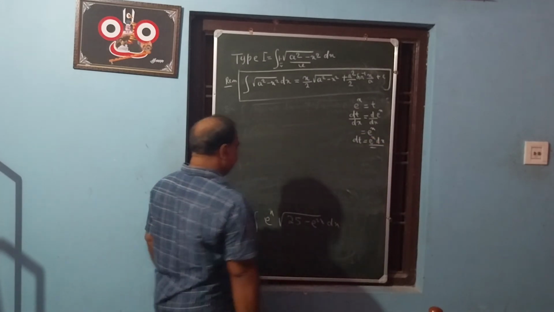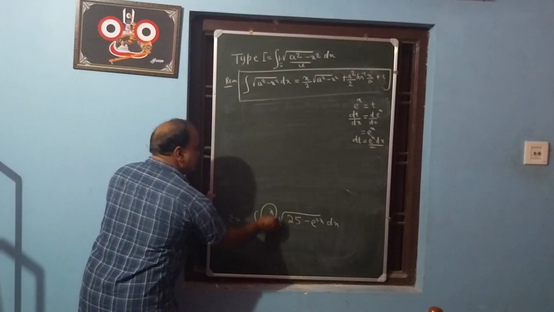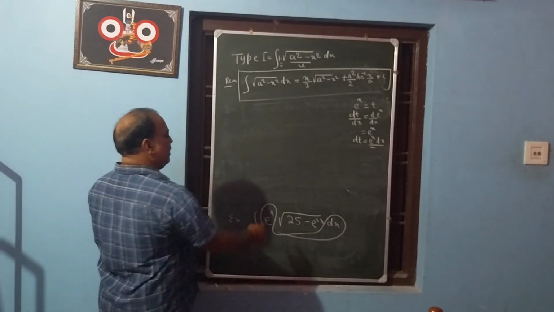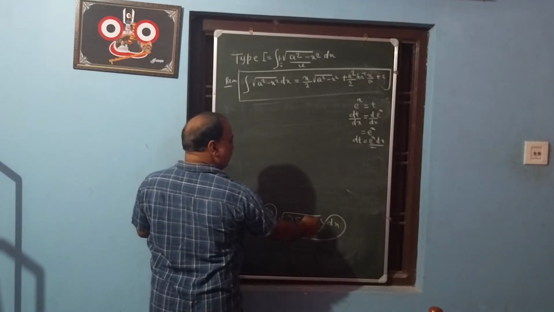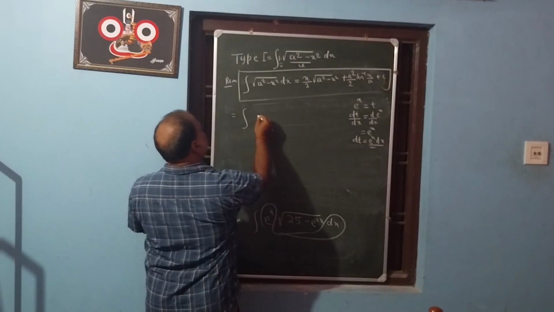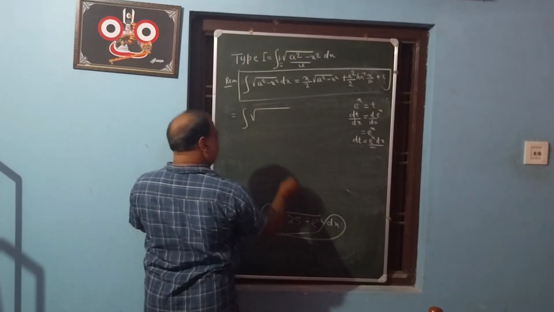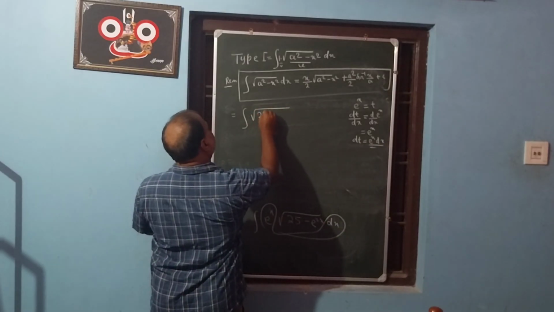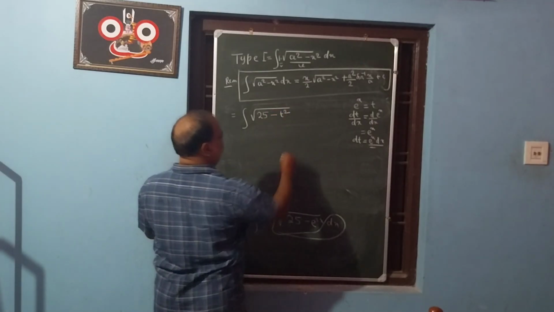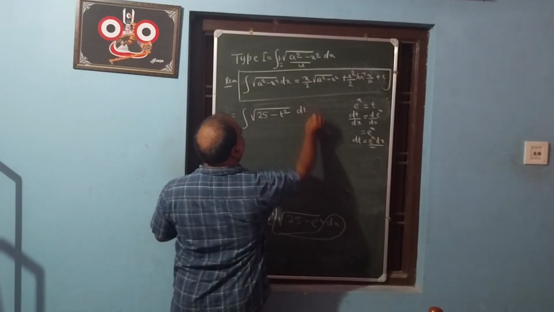Now in place of e to the power x dx we put dt, and in place of e to the power x we put t. So that becomes integration of root over 25 minus t square into dt.